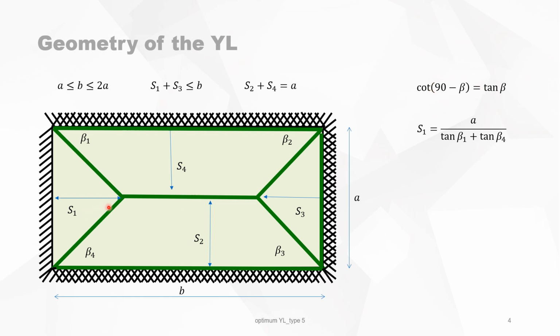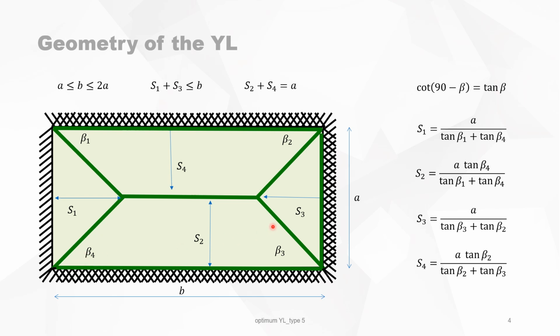So for S1, this means that it is equal to A divided by the tangent of beta 1 plus the tangent of beta 4. S2 is of course equal to S1 times the tangent of beta 4. And then S3 is the same reasoning, and S4 is also equal to S3 times the tangent of beta 2.